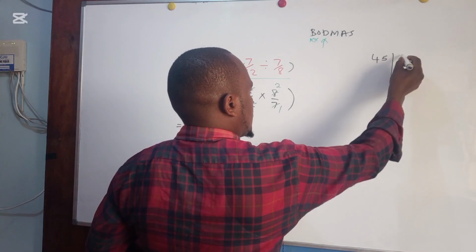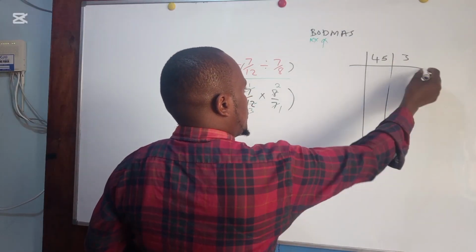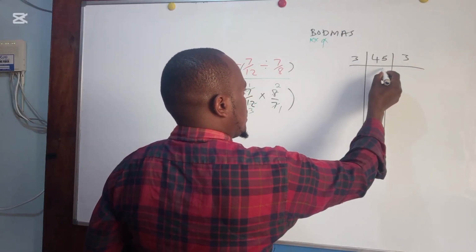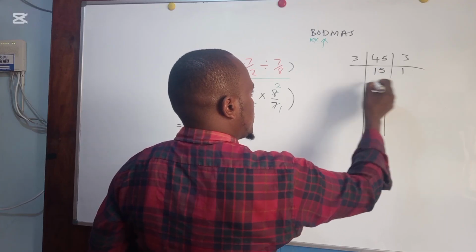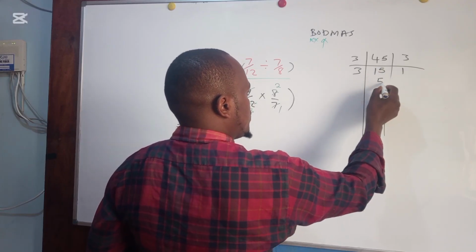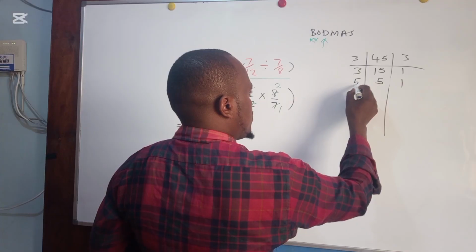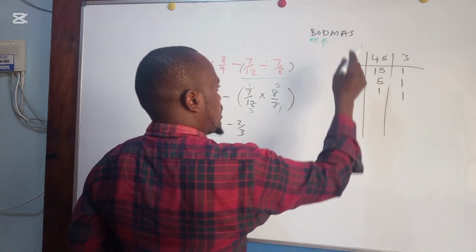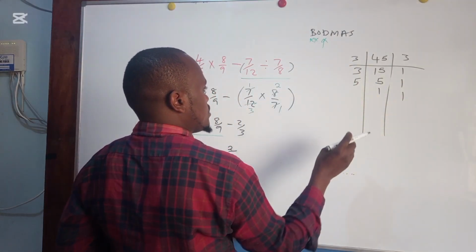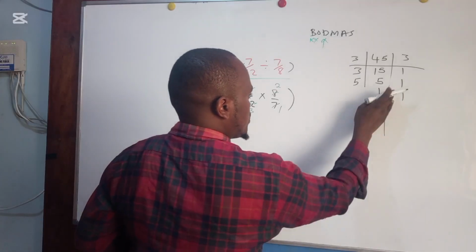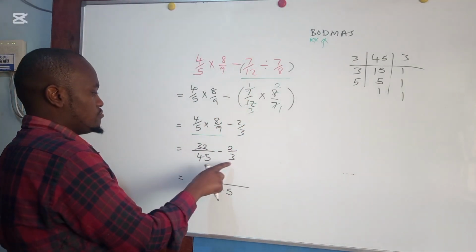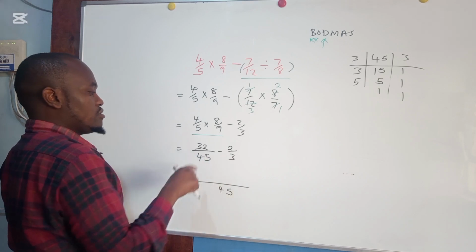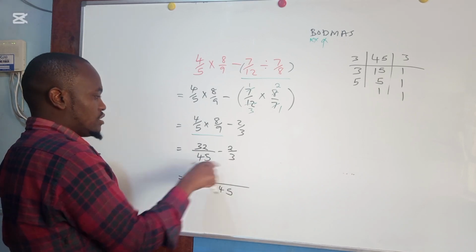You say by 3, this is 1, 15. By 3, 1. By 3, 5. By 5, 1, 1. You multiply 3 times 5 is 15, times 3 is 45. But if one number is a multiple of the other, for example here 45, then the larger number is the LCM.